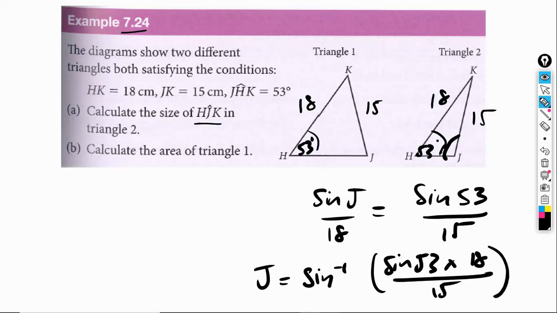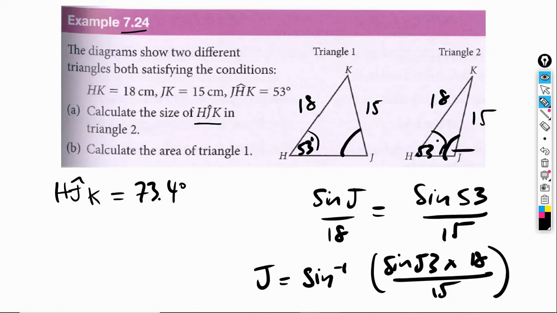And that's going to give us that J is equal, and here we have to be careful, because let's write this down over here. HJK is equal to 73.4 degrees. Now, notice that what we really found was this HJK, because this is an obtuse angle.